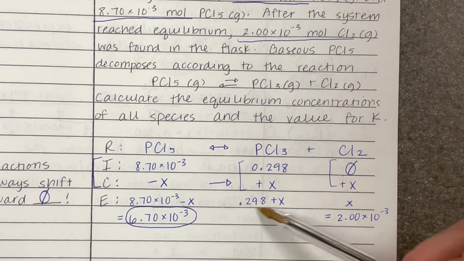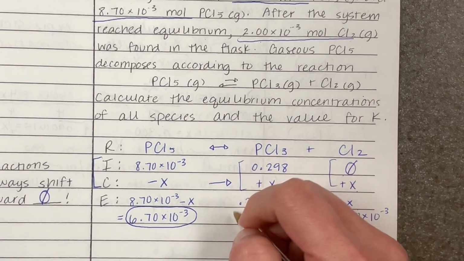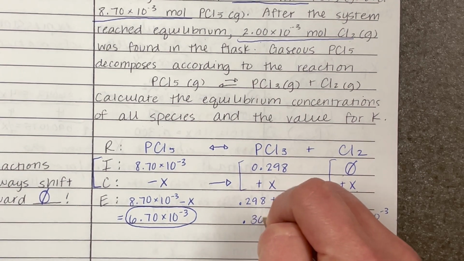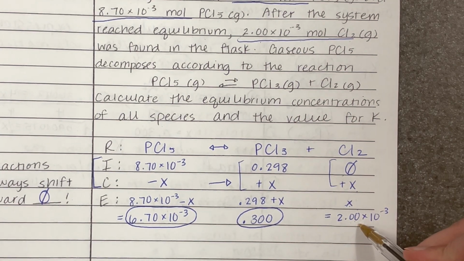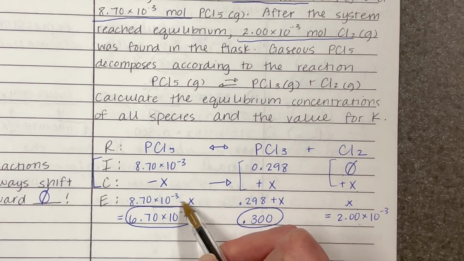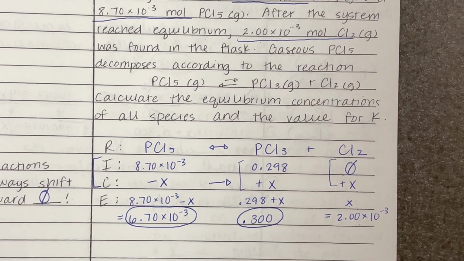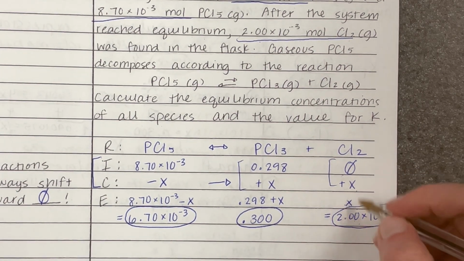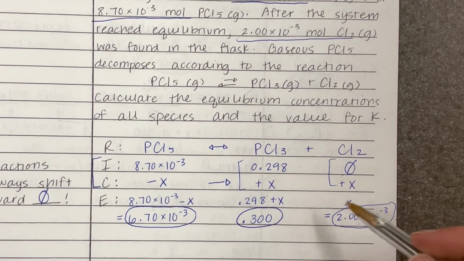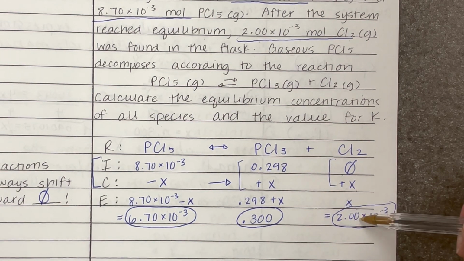So if I add 0.002 to 0.298, I end up with 0.300. So once I knew that this was my value for x, then I could just subtract it here and I could add it on this side. Remember, the chlorine concentration is equal to x, so this is it.